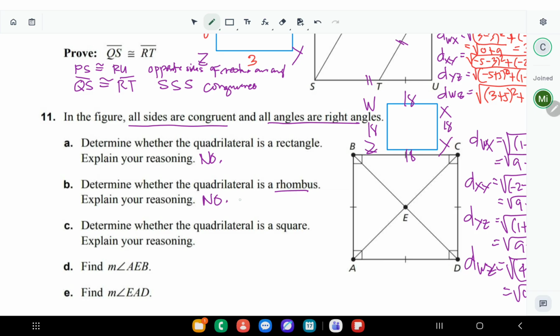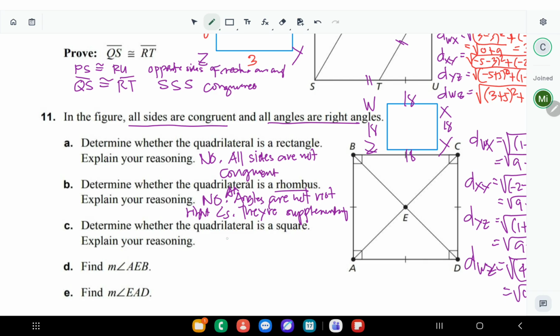So no, all angles are not right angles. No, all sides of a rectangle are not congruent, only the opposite ones.